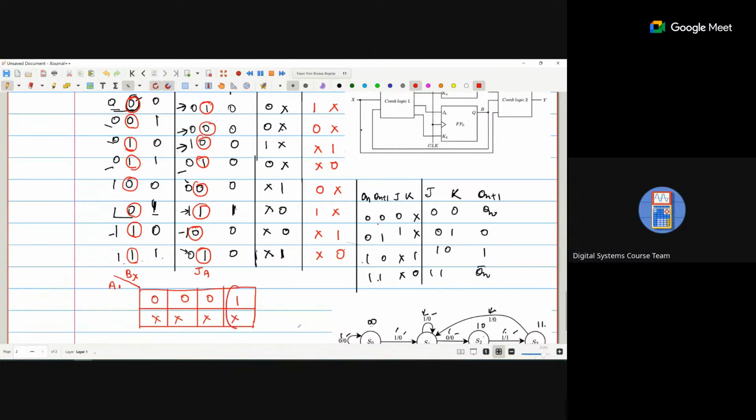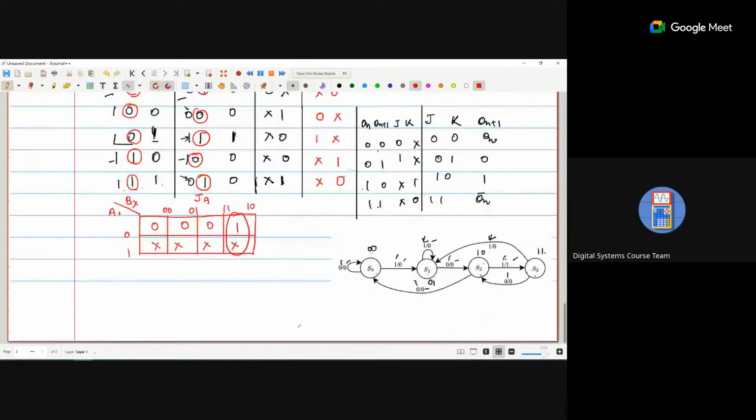So we can create a group of this one. So what is the J?